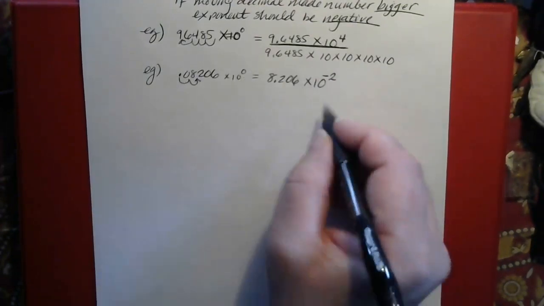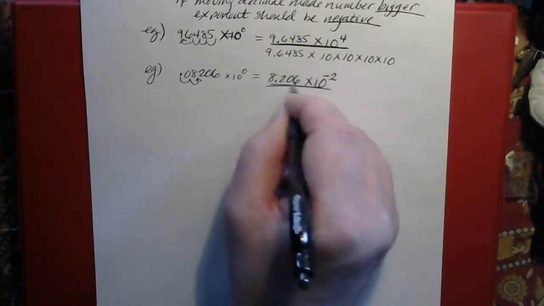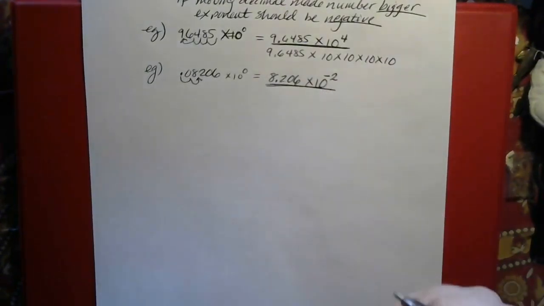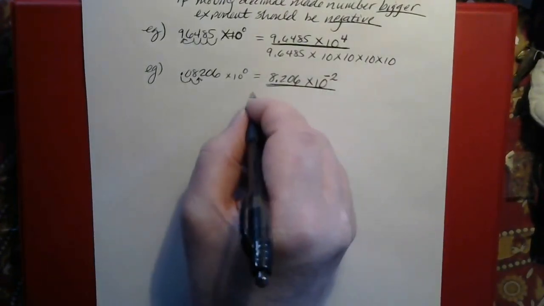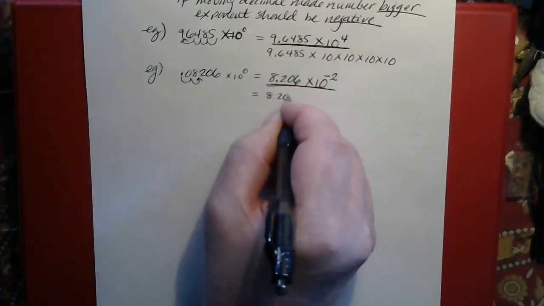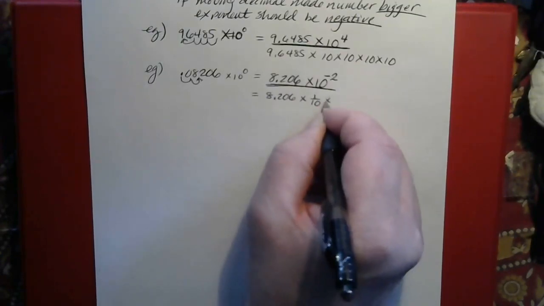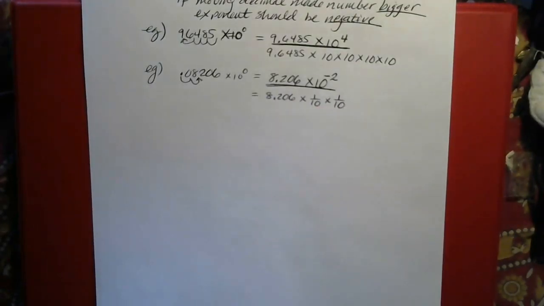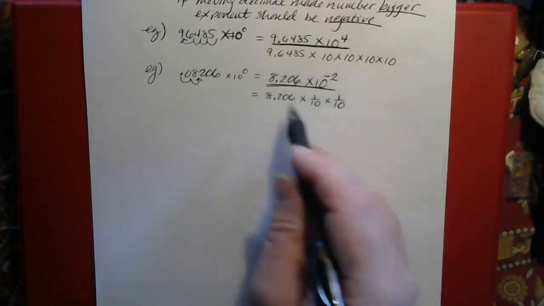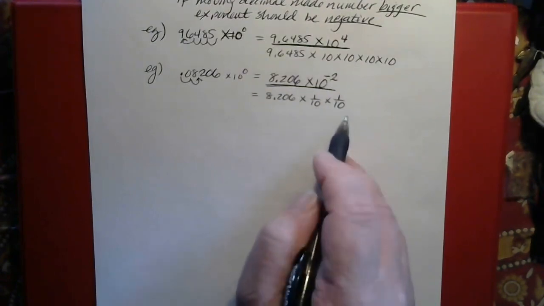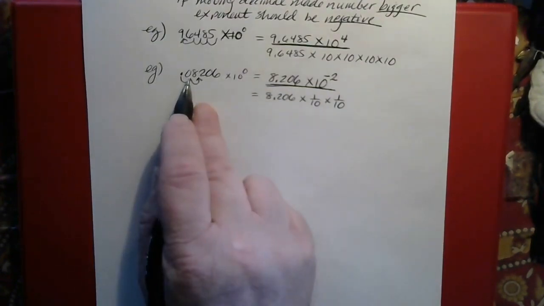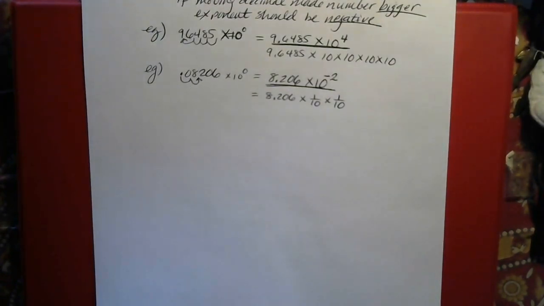Okay, so 8.206 times 10 to the minus 2. And that's equivalent to 8.206 times 1/10 times 1/10. And if you actually try that on your calculator, you will get 0.08206. And so there you go.